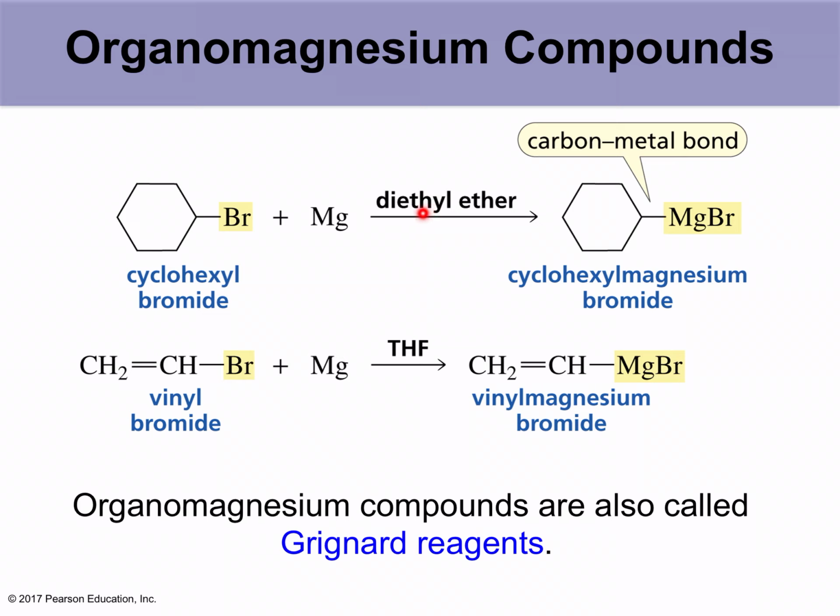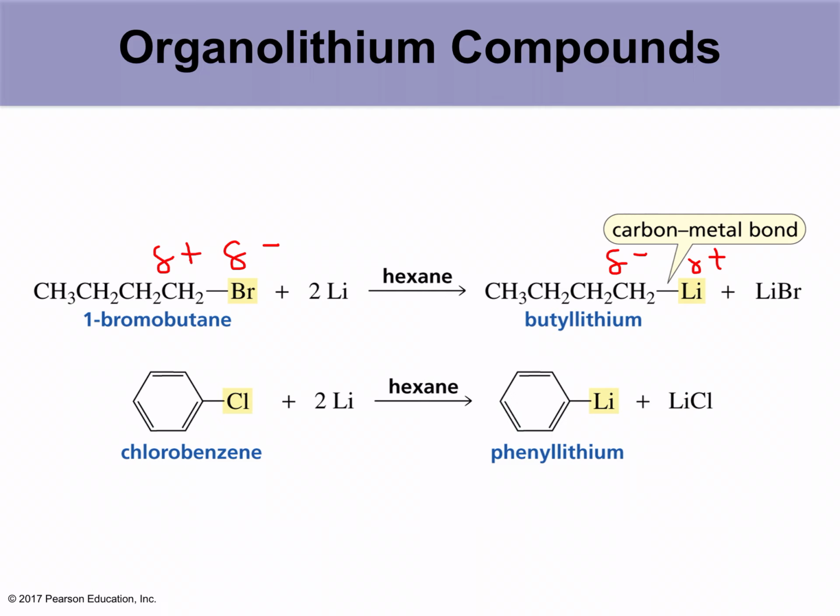You will see the magnesium insert between the carbon and bromine bond, and you create cyclohexyl magnesium bromide. Now in the organolithium compounds, you could see that the lithium is attached to the carbon, but the bromide is not next to lithium. It's just the butyl lithium and then the lithium bromide.